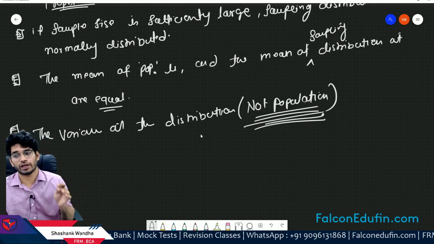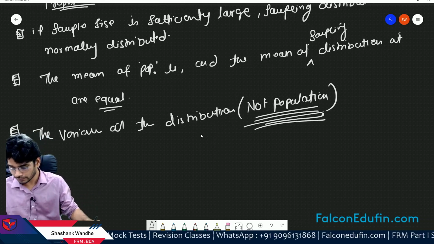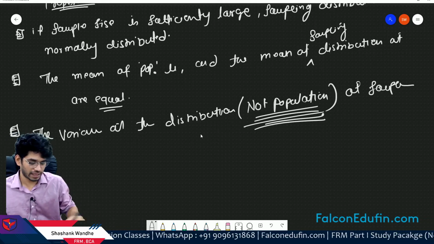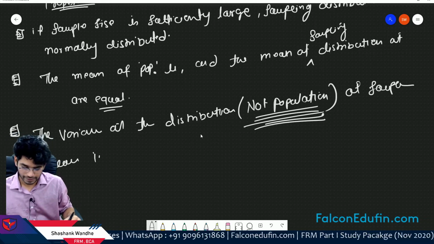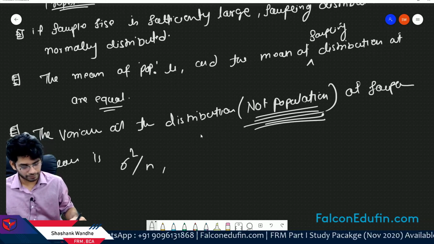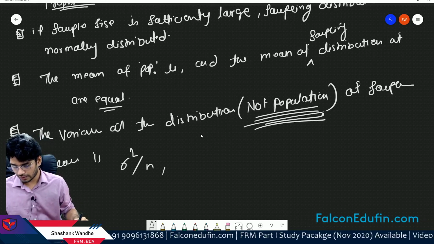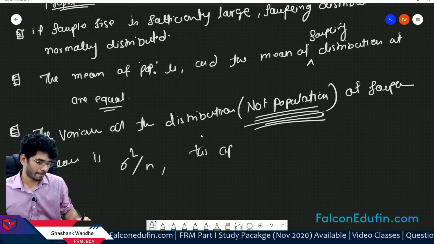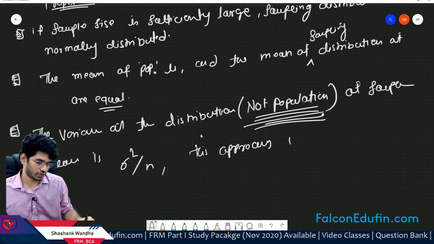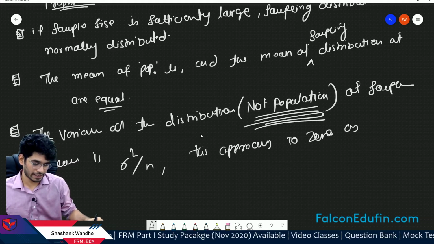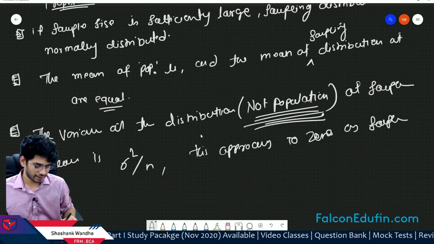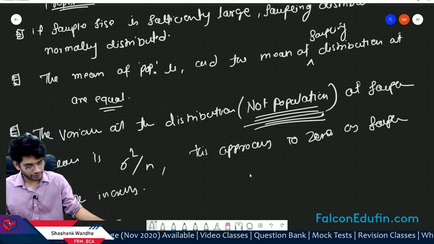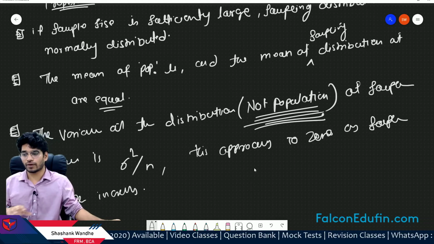Okay, the variance of the distribution of sample mean is sigma square divided by n, that is your standard error, and this approaches 0 as the sample size increases, right? So this is the end of your CLT, law of large numbers and all.